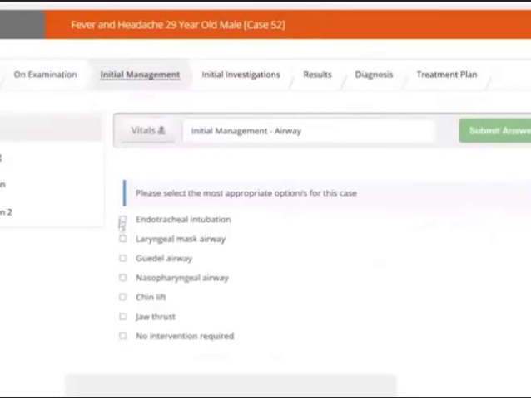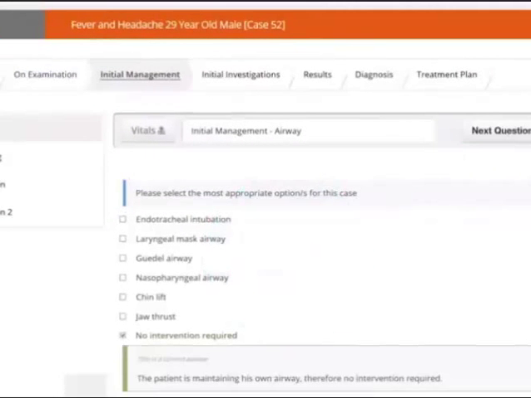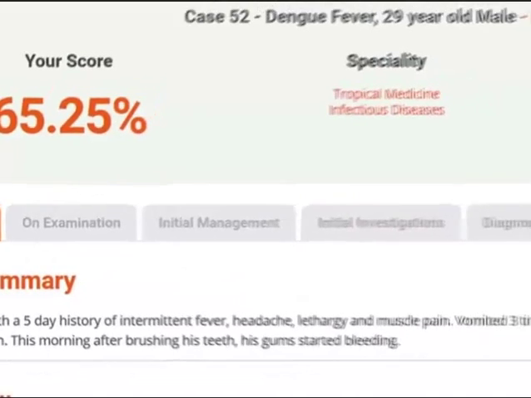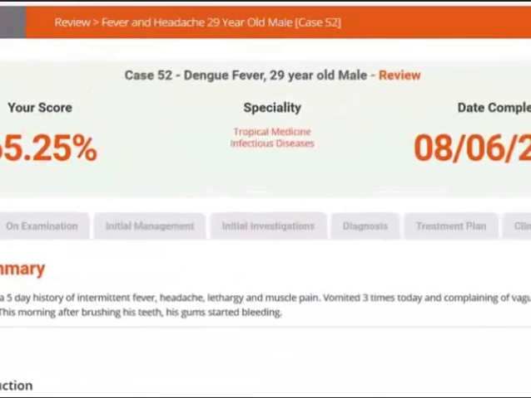What if doctors could learn interactively, making decisions at every stage of the patient journey, getting in-depth feedback on every decision they make, and easily reviewing their performance and learning from their mistakes?